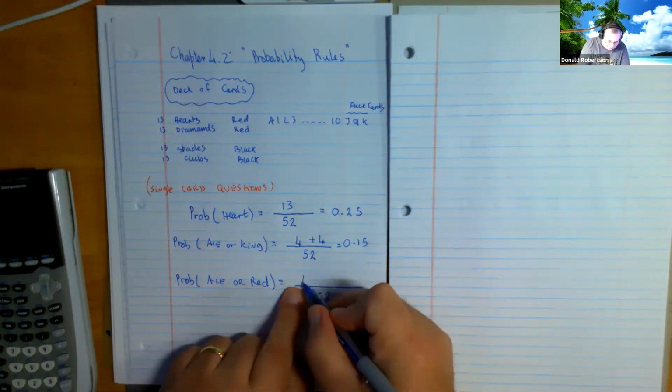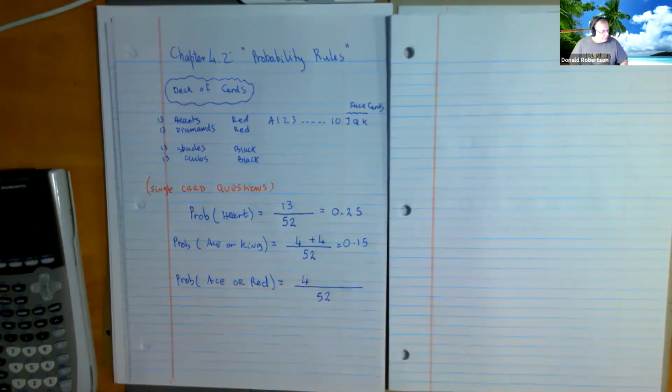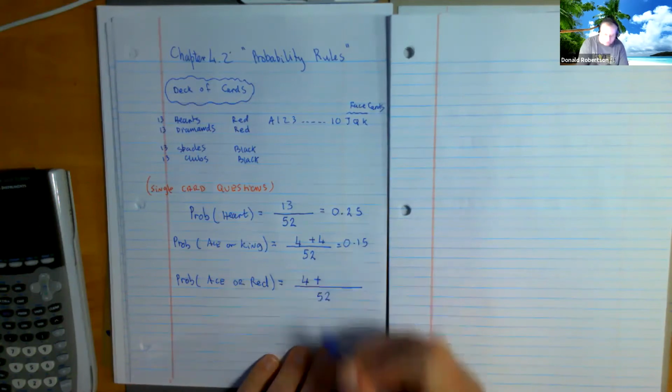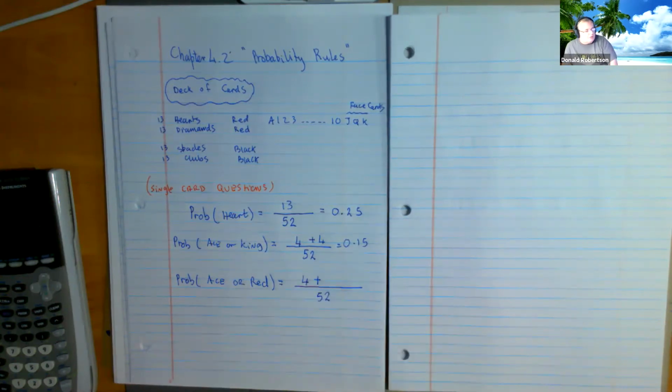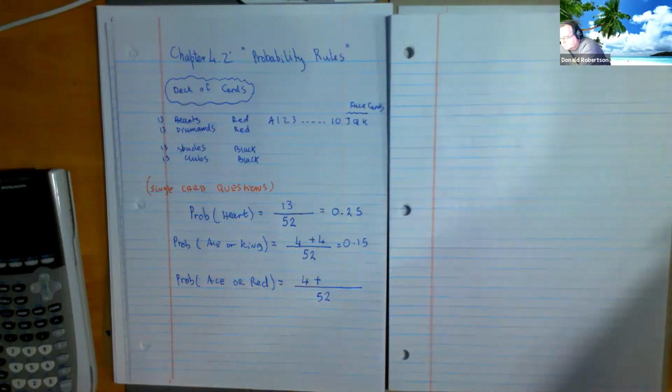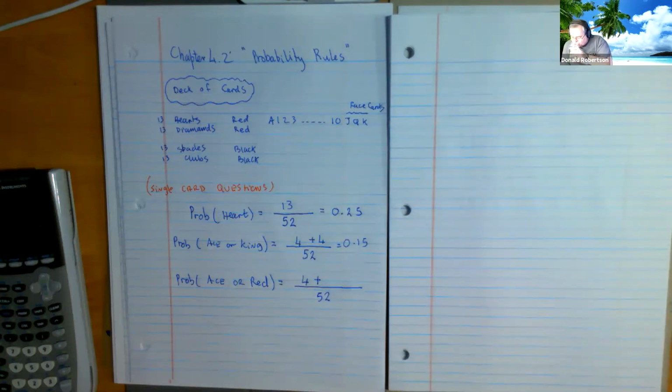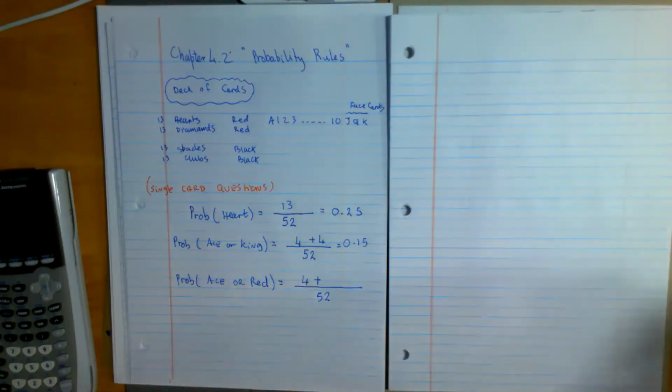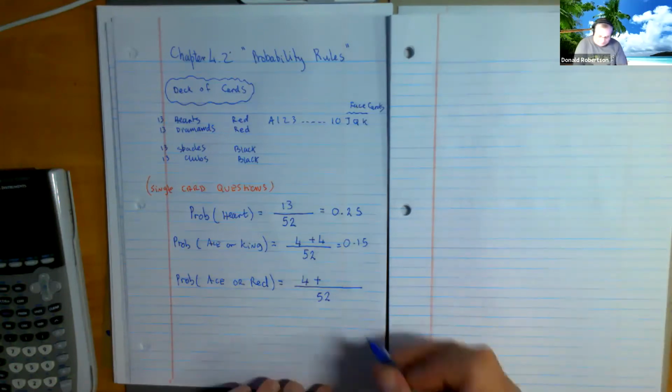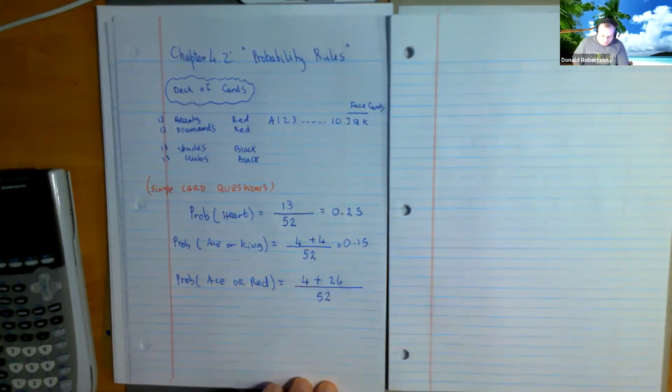There are 4 aces, agreed? 4 different aces. How many red cards are there in a deck of cards? 26. There it is. And now, that's not the correct answer, is it? Because haven't we counted some cards twice?